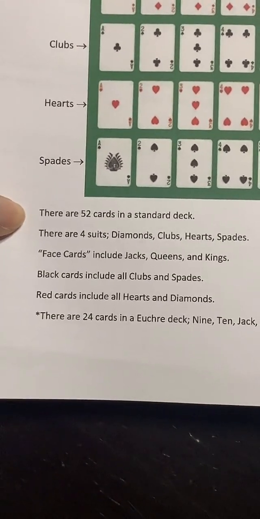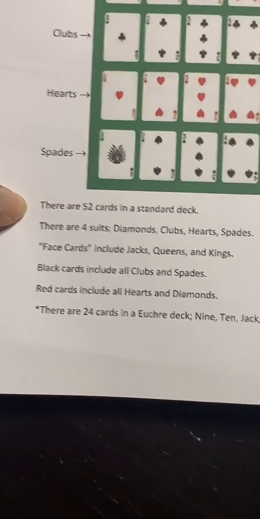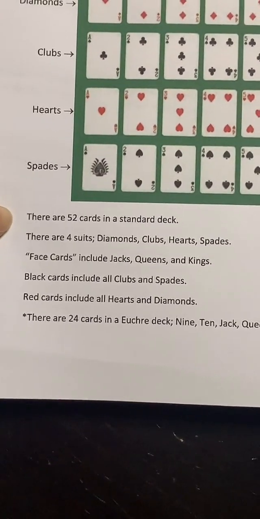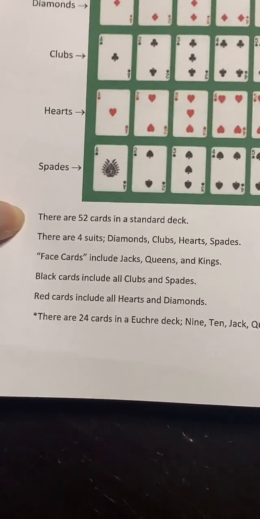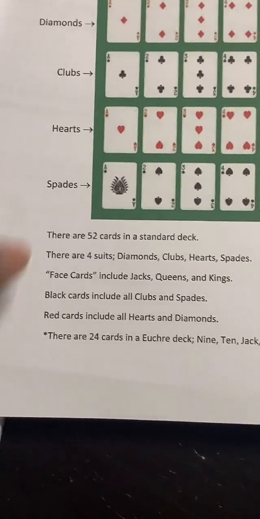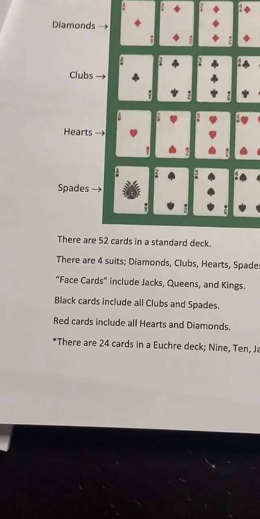This is the thing that drives me nuts with some standardized tests. They don't take into consideration that there are some cultures that don't gamble, so they have no idea what a die looks like or what playing cards look like. A lot of people just don't take that into perspective when they're doing these assessments.